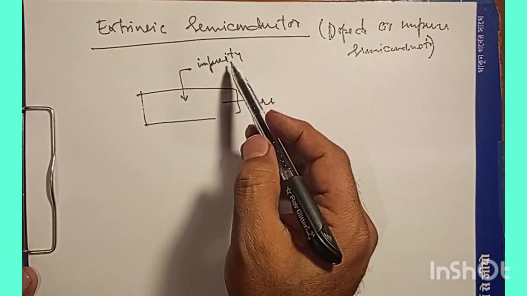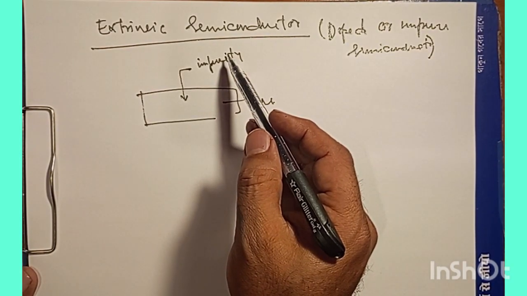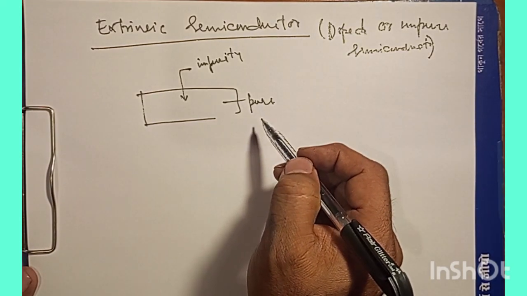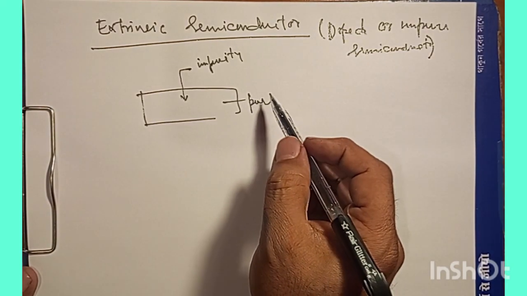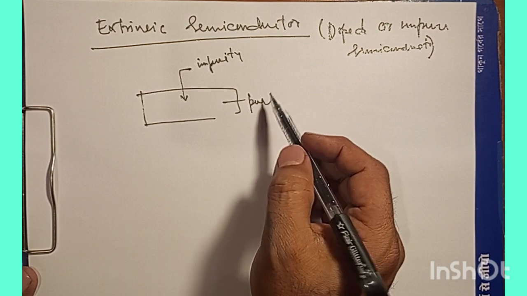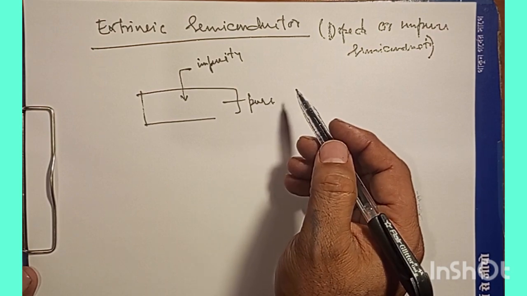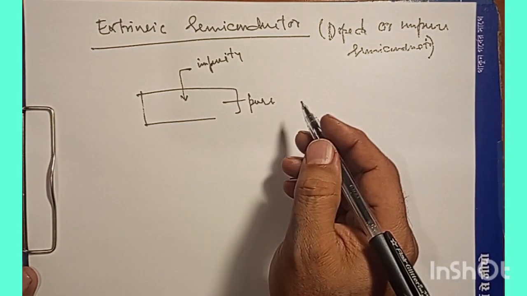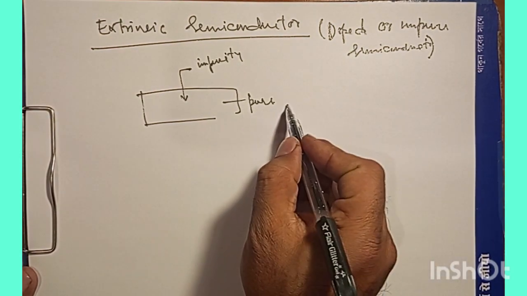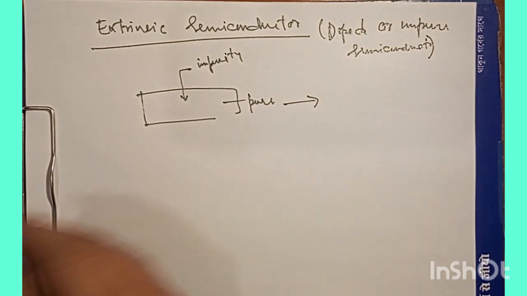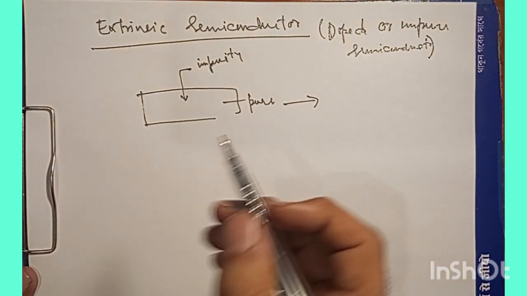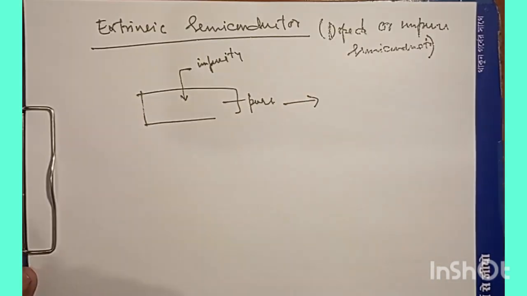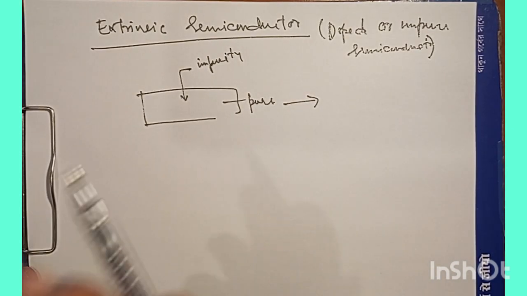So when we add some amount of impurity atoms to a pure semiconductor, it becomes an extrinsic semiconductor, and we call this an extrinsic or doped semiconductor.